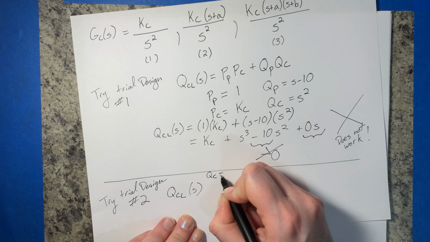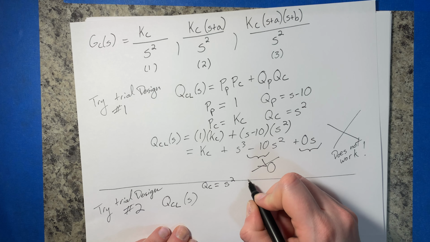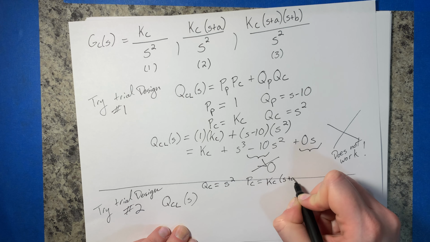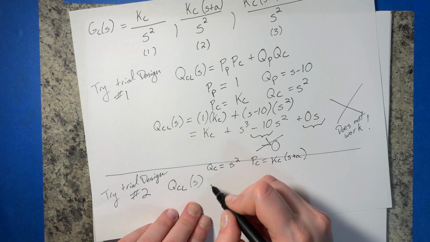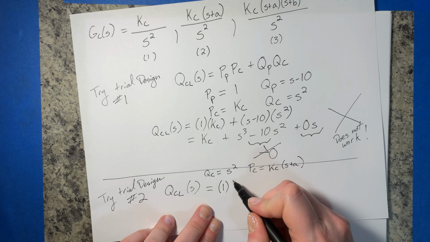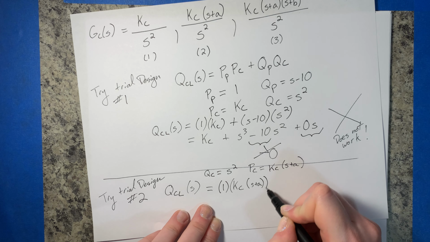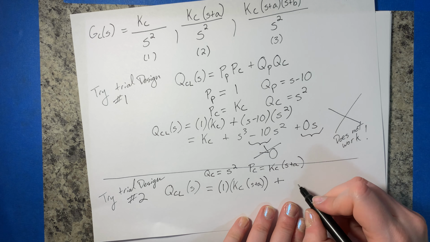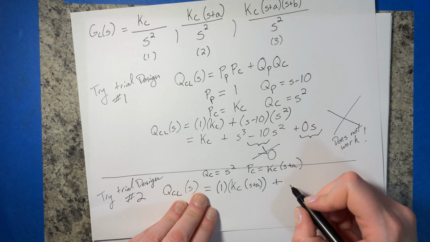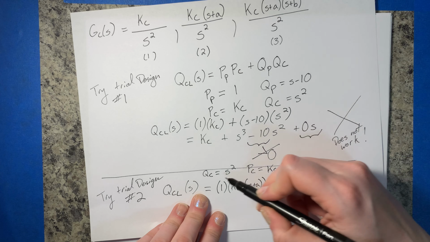My Q sub C is still equal to S squared, that's still in the denominator, and my P sub C equals KC times S plus A. Okay, let's plug those in, and we have a 1 times KC times S plus A plus the QP, which is S minus 10, we had it written up here, times the QC, which we wrote right here.